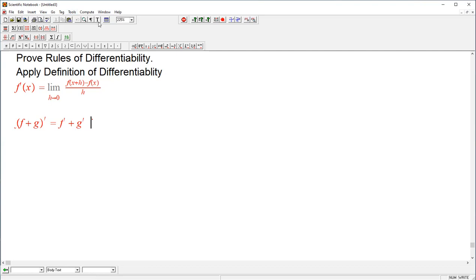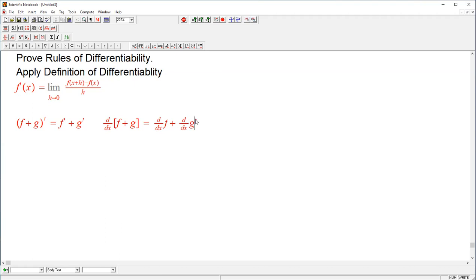Another version would be: the derivative of the two functions, f plus g, is equal to the derivative of f with respect to x plus the derivative of g with respect to x.